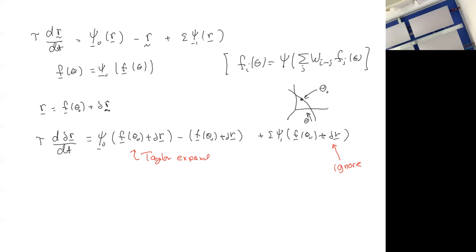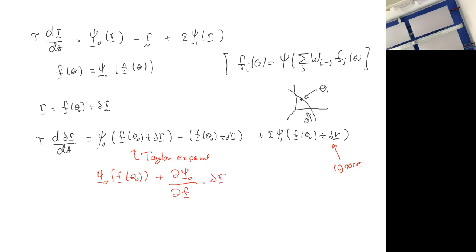So this term is psi naught of f of theta naught plus the partial of psi naught with respect to f dot delta r.